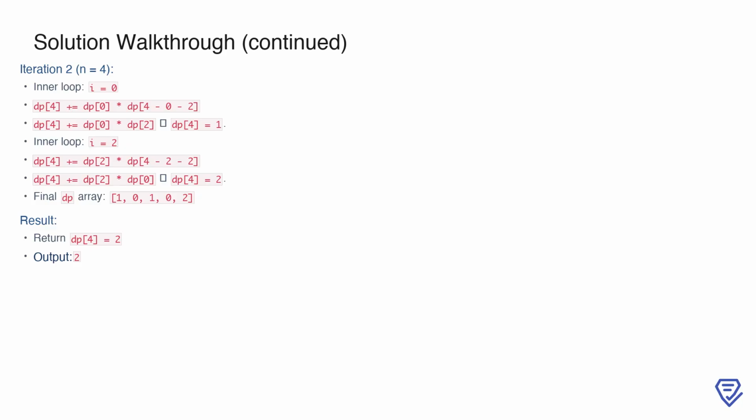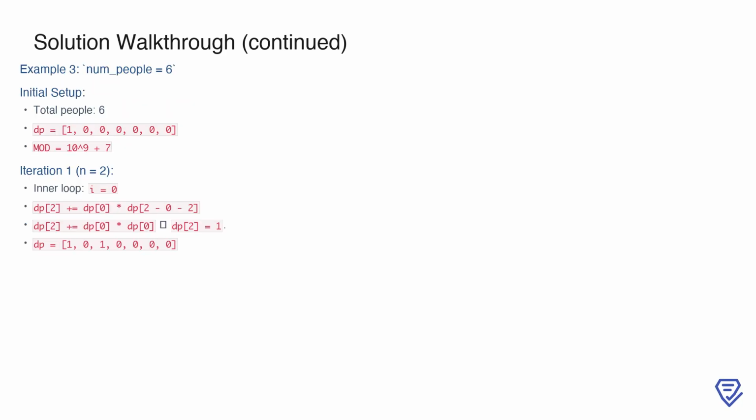For the case where number underscore people equals 6, the DP array is initialized as 1, 0, 0, 0, 0, 0, 0. The base case remains dp 0 equals 1, and the modulus constant, mod equals 10 to the power of 9 plus 7, ensures calculations remain manageable. Starting with n equals 2, the inner loop runs with i equals 0.